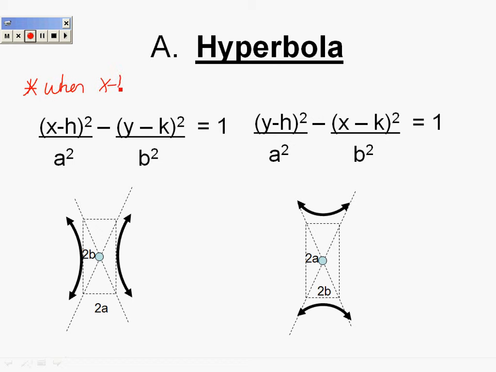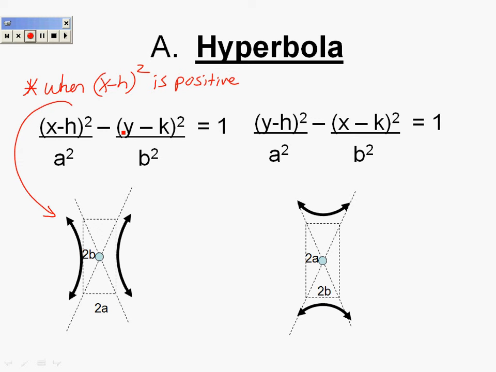When x minus h squared is positive, then you have this situation where it's on the left and right. Notice how there's no negative in the front of this x minus h. It's a positive, right? Now the y minus k has a negative in front of it. That's your indicator that it's going left and right.